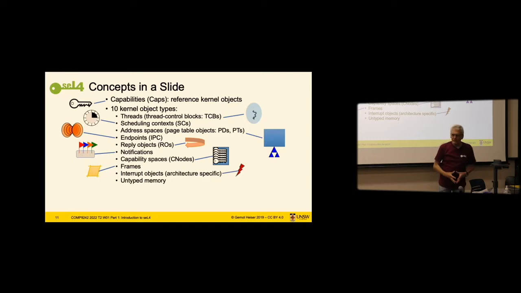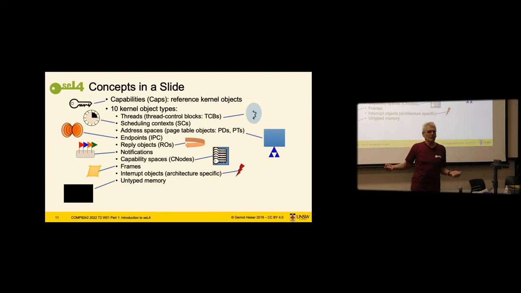Then there is some architecture-dependent stuff for dealing with interrupts, so there are interrupt objects, and how they look is very much dependent on what the ISA offers. And then the final one is untyped memory, which is basically free memory: physical memory that has not been put to any particular use, and that can be retyped into any of these other objects. That's how you make use of it.